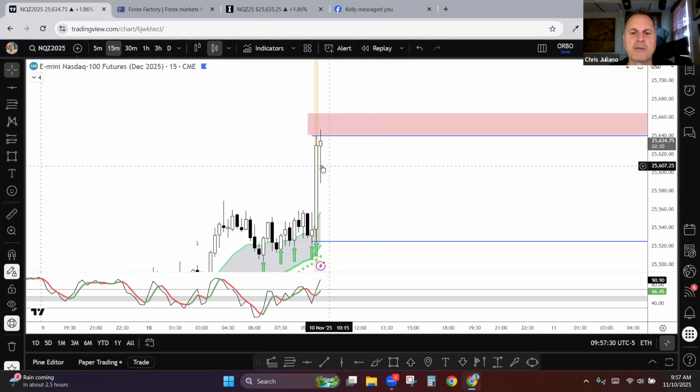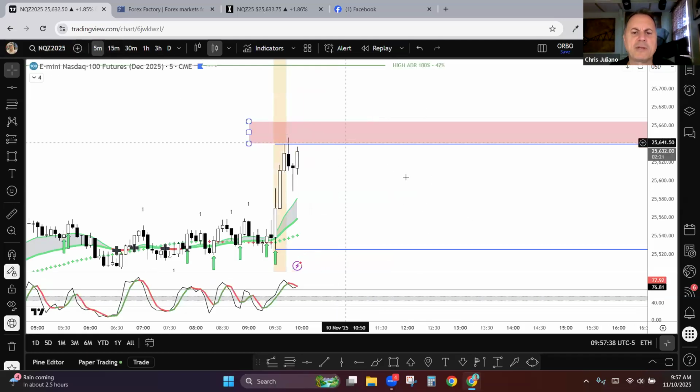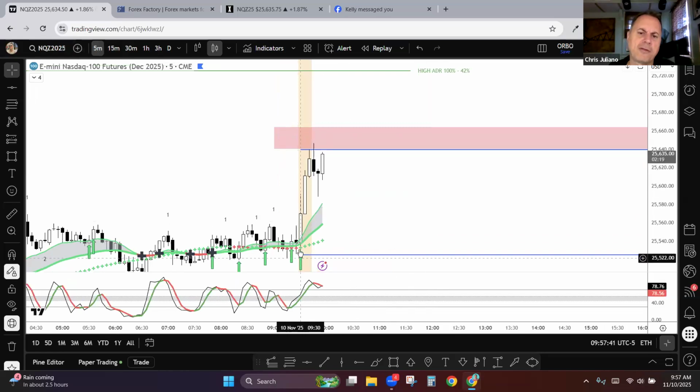There we go. Starting to get the reversal here. So it pulled back a little bit. Go back to the 5 and we can track this. So made a move up, pulled back.